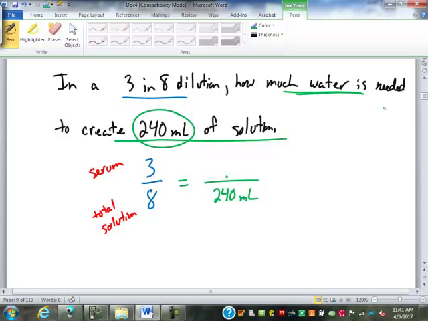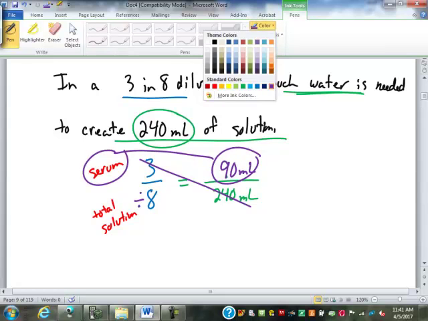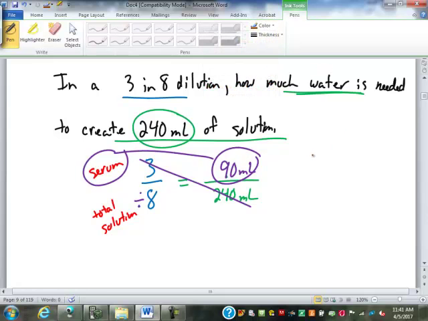No, we're looking for the amount of water. So here we can cross multiply and divide. 3 times 240 divided by 8, which is going to give us 90 milliliters. But that is the amount of serum. We want the amount of water, which can be found by doing 240 milliliters minus the 90 milliliters of serum, giving us 150 milliliters of water, or NS.